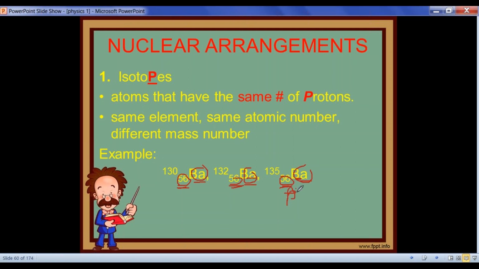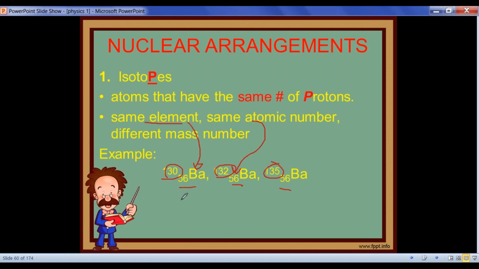So, we have 56 protons. So, the same element. So, here, the same atomic number, 56, but they differ in mass number.